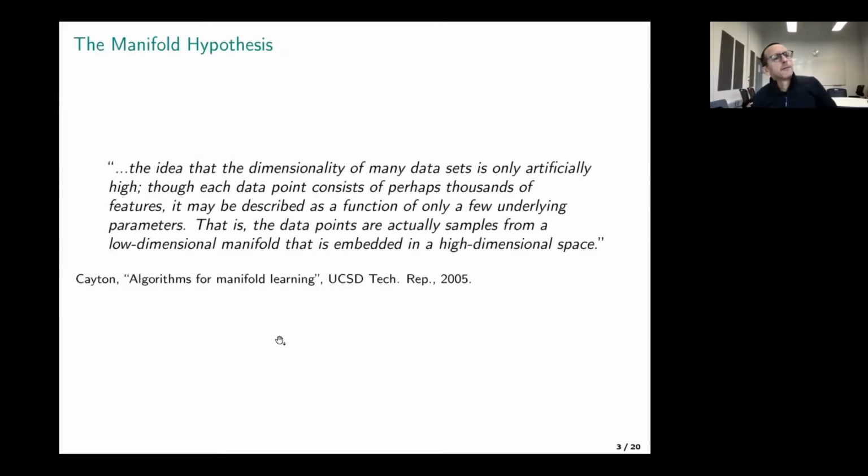Some of you may have come across this general notion called the manifold hypothesis, and it's not really a hypothesis in a really precise mathematical sense. It's more just a kind of general collection of ideas that is sort of supported in two ways.